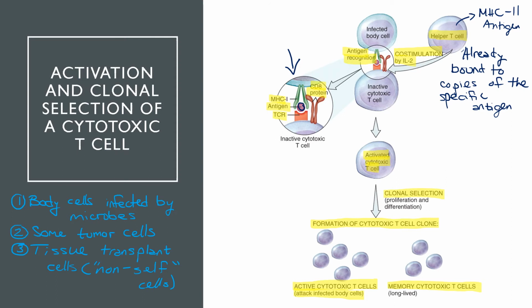Memory cytotoxic T cells do not attack infected body cells, but instead they can quickly proliferate and differentiate into more active cytotoxic T cells and more memory cytotoxic T cells if the same antigen enters the body again.